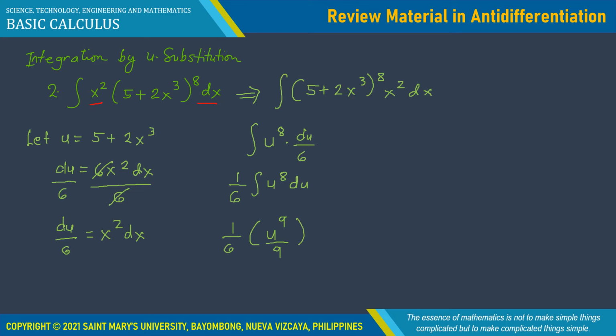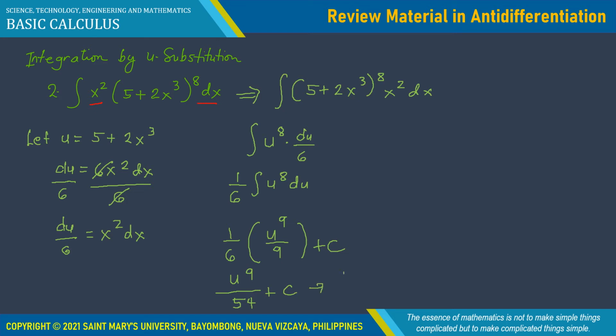So, lagyan natin yung parenthesis. Sige, erase na lang. So, we have 1 over 6 times u to the 9 over 9 plus c. Okay, then it becomes 1 times u to the 9 over 9 is u to the 9 over 9. Then 6 times 9, 54 plus c.